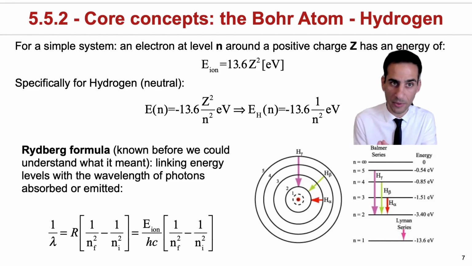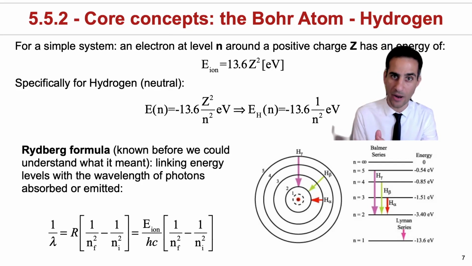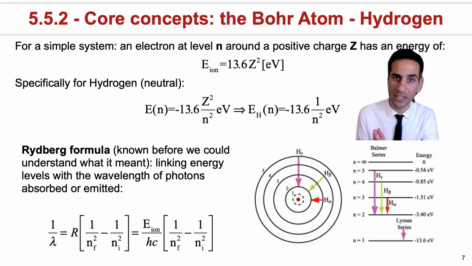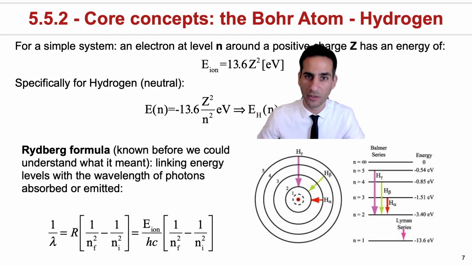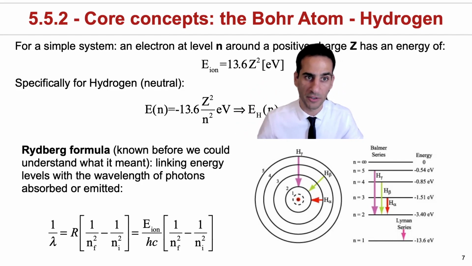For a very simple system of just an electron at some level n, around some positive charge Z, it doesn't have to be 1, it could be higher than 1, but it's just one electron, then in that case, we have an energy that we could call a binding energy of 13.6 times Z squared in terms of electron volts.